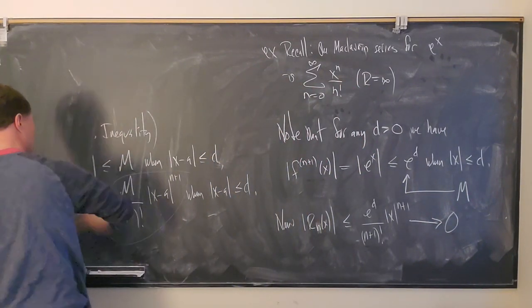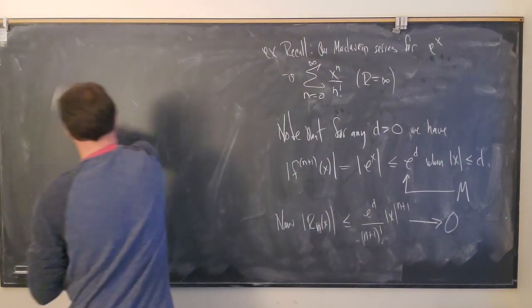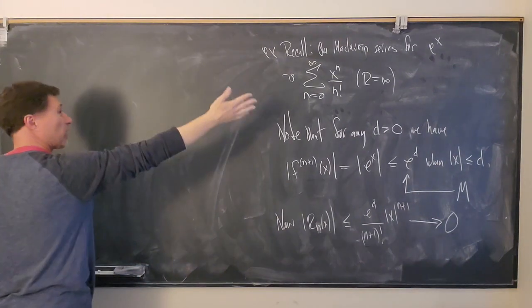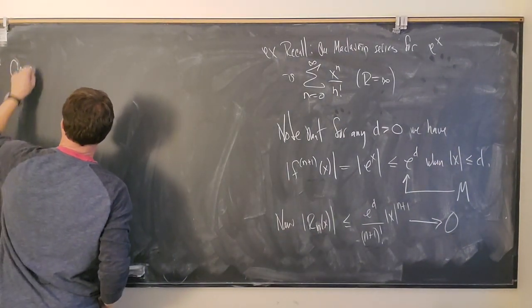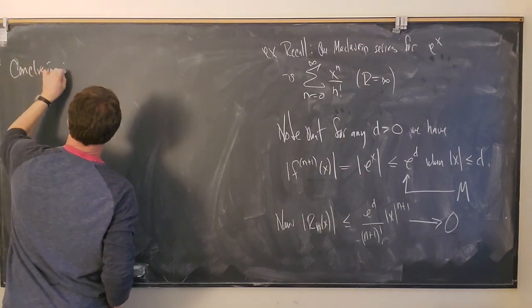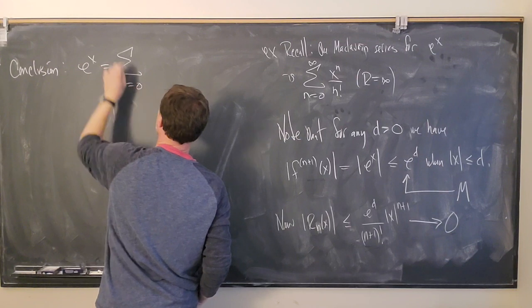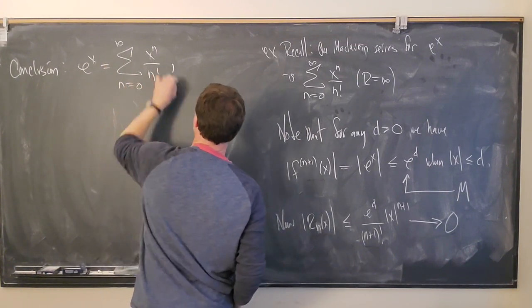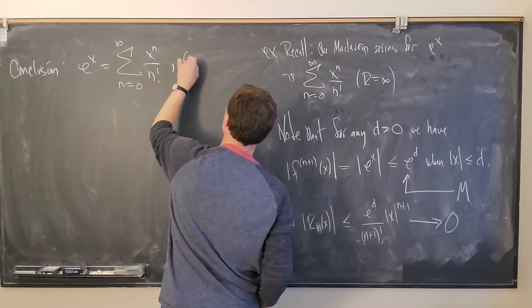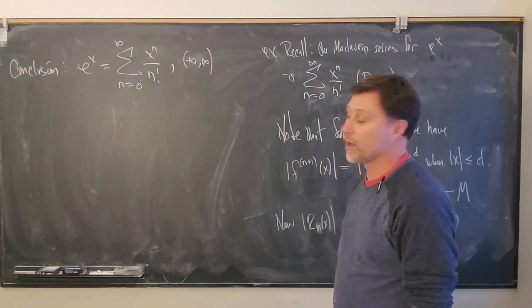So if you can show that the remainder goes to 0, then you get to conclude that the function equals its Taylor series, or in this case, Taylor series at a equals 0. And so, conclusion, we finally get to write e to the x is equal to the sum n equals 0 to infinity x to the n divided by n factorial, and that is true on that interval right there for all values of x.